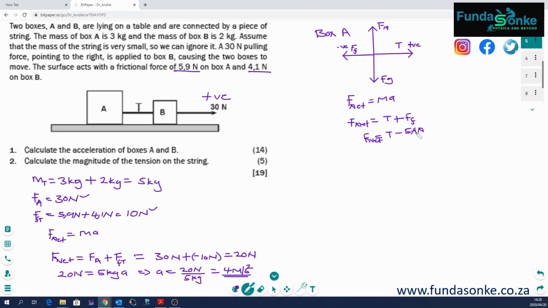Okay. So we're going to substitute this into our equation. F net is equal to ma.